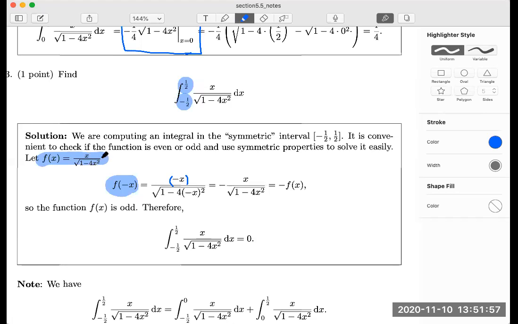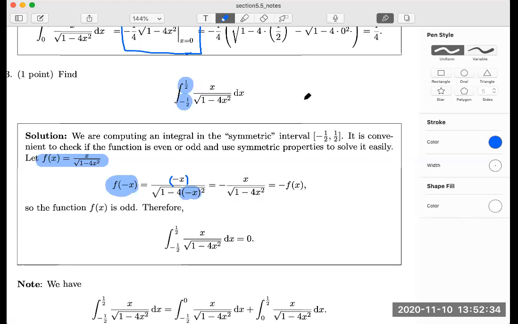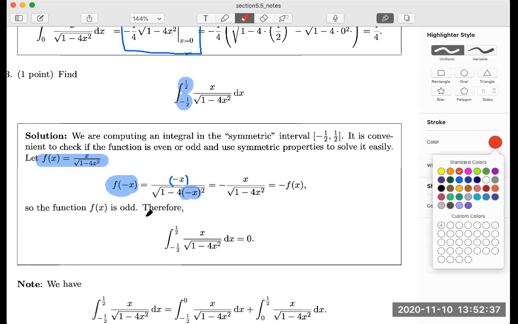When we do so, we see that -x here, we can take the negative sign in front of the fraction, and in the denominator, -x raised to the power of an even number is the same as x squared. So again, we see that this guy is nothing else but the function f of x, right? But in front of that, there's a negative sign. Oops. So therefore, we conclude that this function is an odd function.